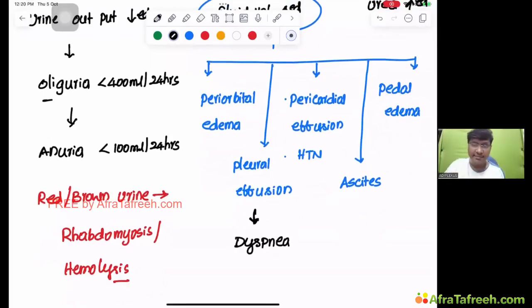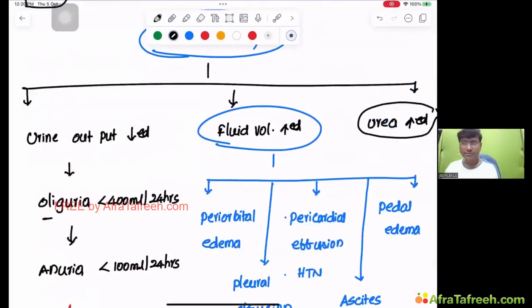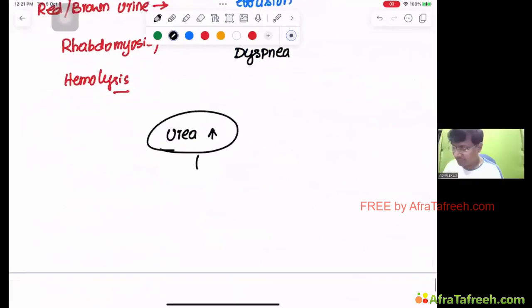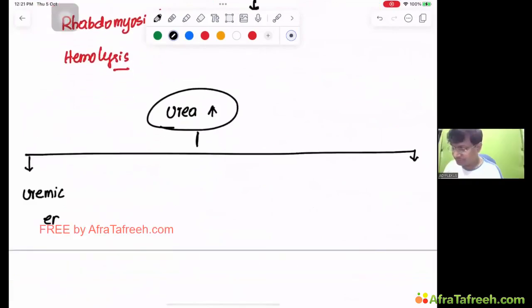And at the same time, there is an increase in the urea levels. Because of this, all the urea can accumulate.